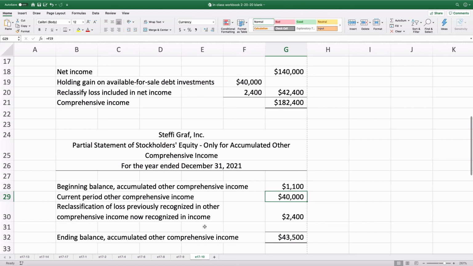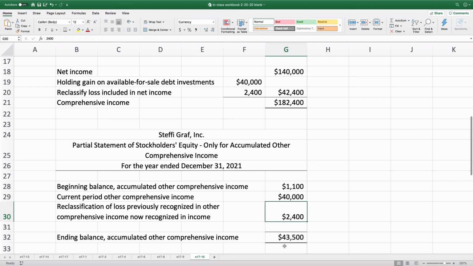And then we're going to make an adjustment because we have recognized this $2,400 in the prior year AOCI and in this year's income statement. And that double counted that loss. We need to take one of those losses and take it out by adding it here. And that takes it completely out of other comprehensive income by adding it back.